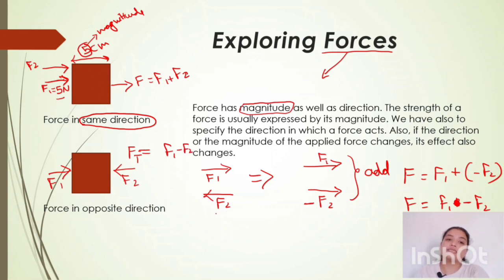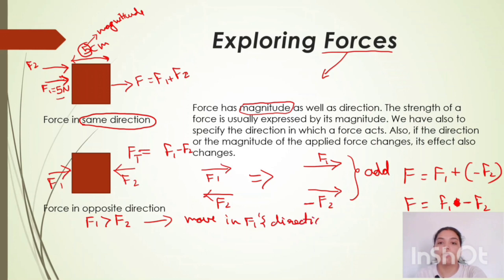Now the question arises: in which direction is this block going to move? If F1 has more magnitude than F2, then the block is going to move in F1's direction. Whereas if F2 is more than F1, then the block is going to move in F2's direction.